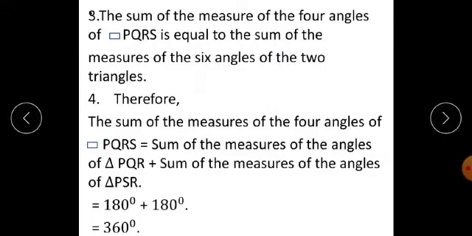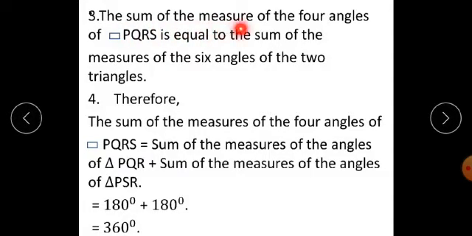Next one. Now students, you know, because we have just seen this property in the previous lesson on triangles and their properties, that the sum of the measures of all the three angles of a given triangle is always equal to 180 degrees. Now the application part. What we have to do? We have to calculate the sum total of all the four angles of a quadrilateral.